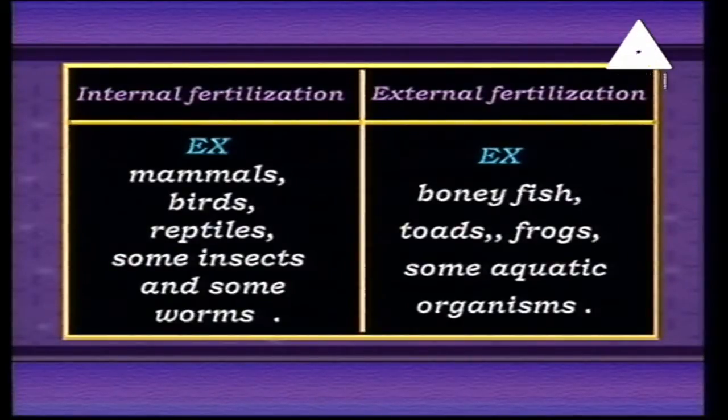We have two different types: cartilaginous fish, whose internal skeleton is made of cartilage, and bony fish, which reproduce externally, and their endoskeleton is made of bones. Also toads, frogs, and some aquatic organisms.